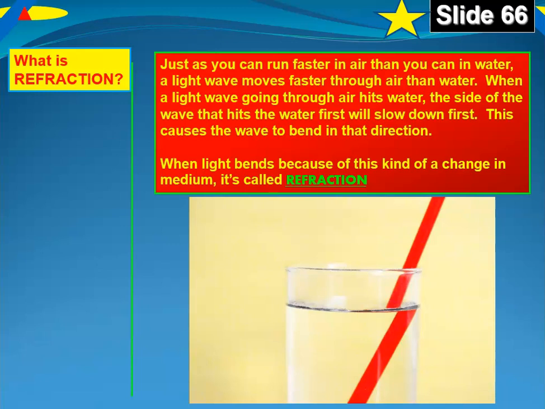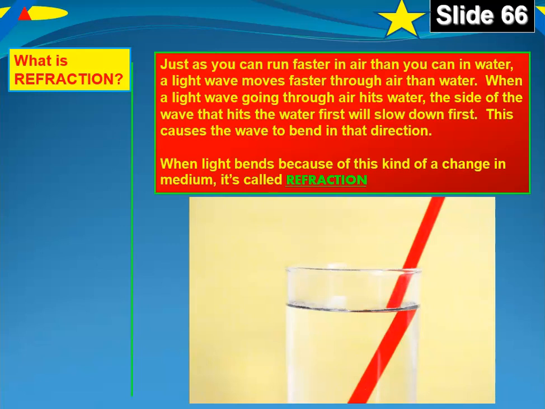The same happens with a light wave. When a light wave comes at an angle, the side that hits the water first slows down. That means the other side is still going faster because it's going through air, and so it turns, just like that car with one wheel hitting the sand. And the light wave will turn. So this causes the wave to bend in that direction.